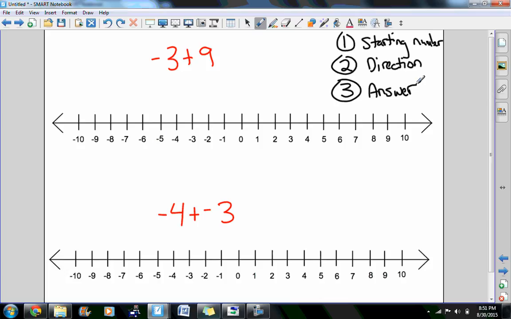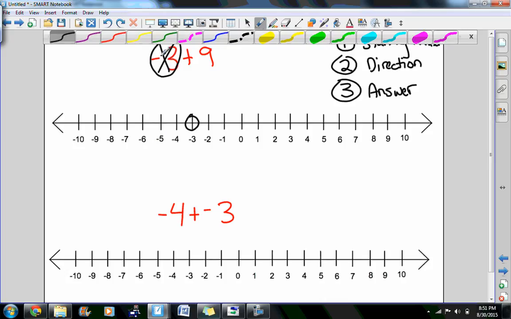So on this first problem, the starting number, step number 1, is going to be right here, which is -3. Once I've dealt with that -3, I don't need to work with it anymore. I don't care about the number in the front. Step number 2 then is the direction.